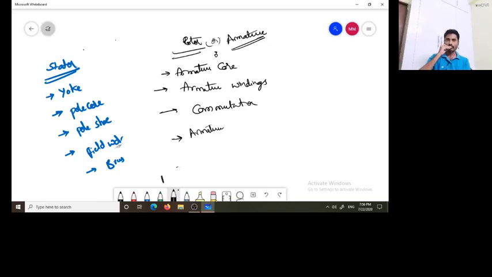What is the function of the armature core? Before that I am drawing a diagram of the armature core. Here the armature core consists of slots like this.